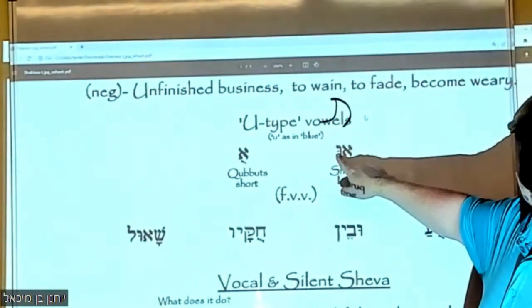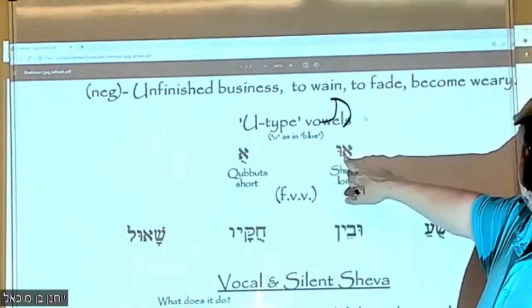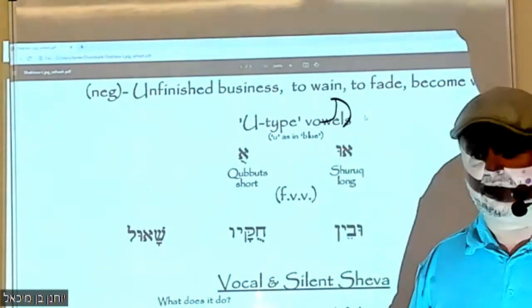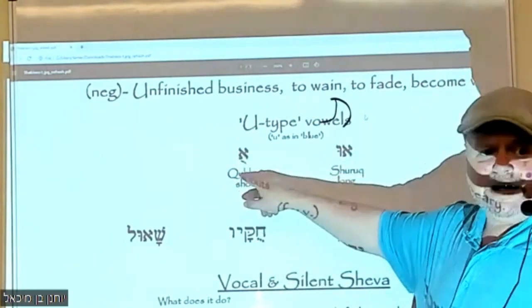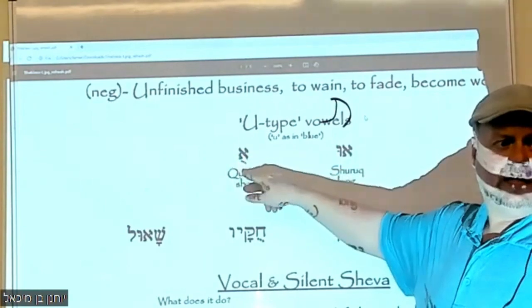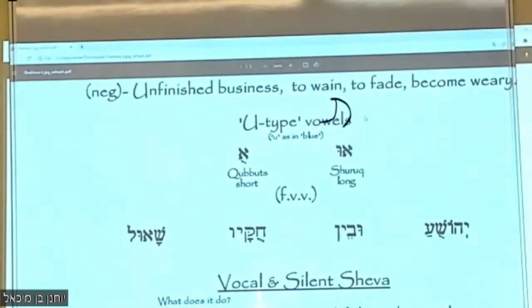That is shuruk. That's a long duration vowel point, so we hold it a long time. And then we have this falling progression of 3 dots. That's kubutz, and that is a short duration U-type vowel. So you do have long and you have short.